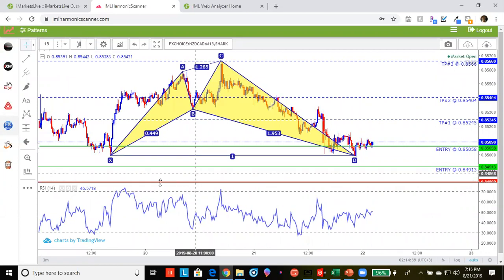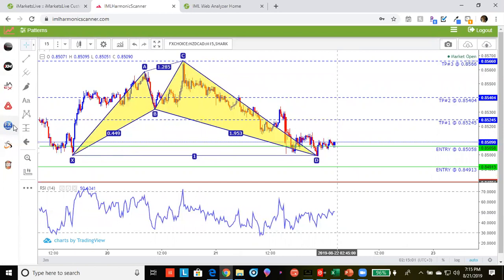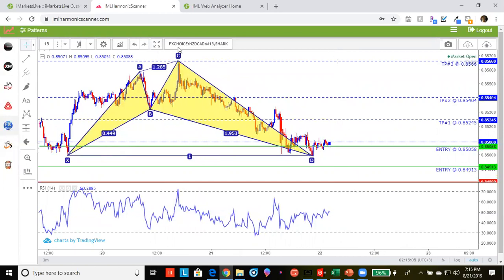All right, I'm looking at this one right here. I've selected my pair, and I'm on FX choice. At the top, you're going to see New Zealand, Canadian for 15-minute chart. This is a shark pattern. Shark patterns have 2 entries. So what I want you to do is pull out your MetaTrader 4. We're going to jump into this because we see our D is low. That's the next point we're looking at.